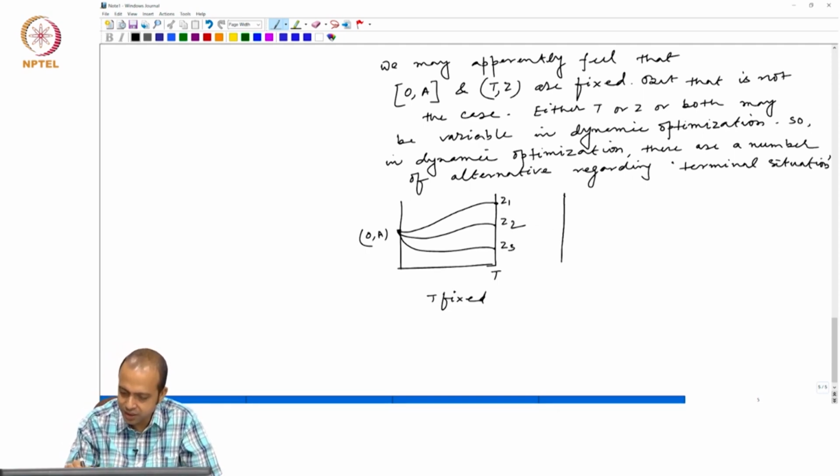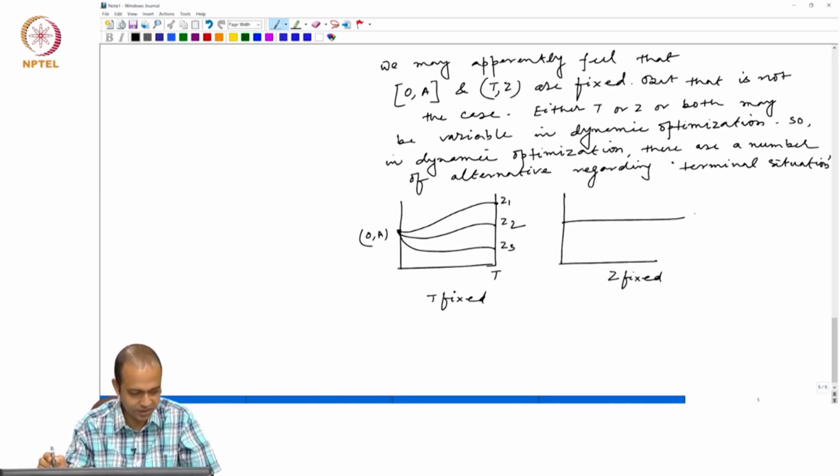Let us say there is another example where Z is fixed, T is not. So, this is Z, and you are starting from here. Everyone will achieve Z only.